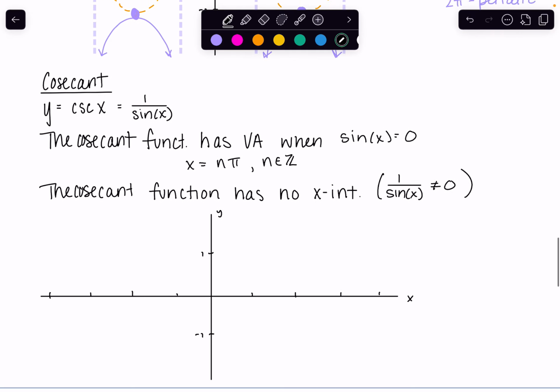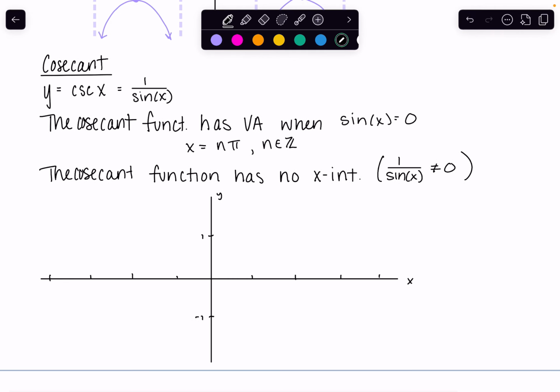All right, so again, we'll graph our sine function over the interval from 0 to 2 pi, and then also to negative 2 pi. And so if we start with our sine function, that starts at 0, up to 1, 0, down to negative 1, 0.